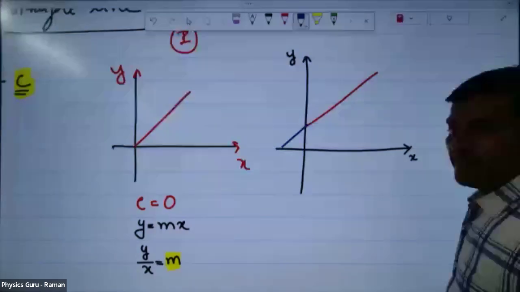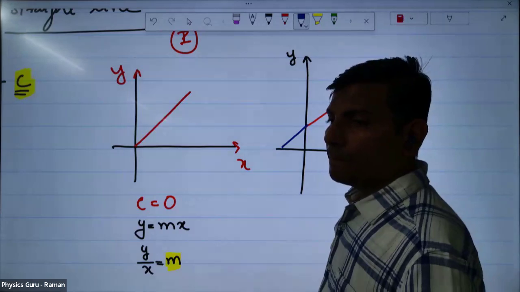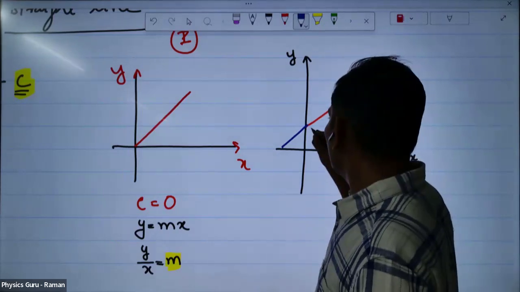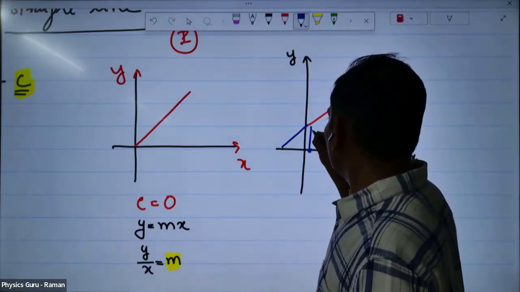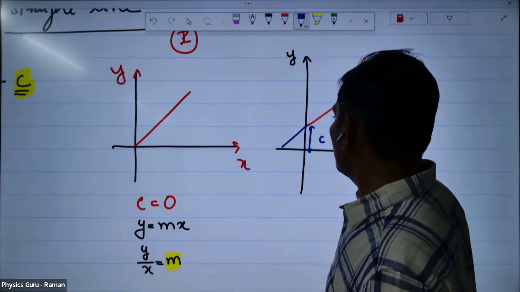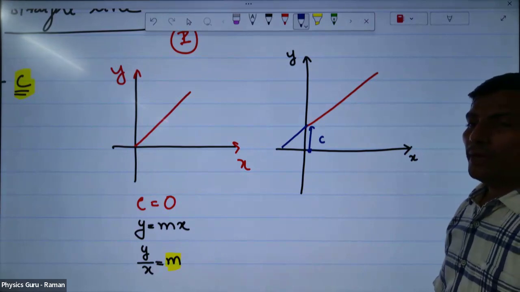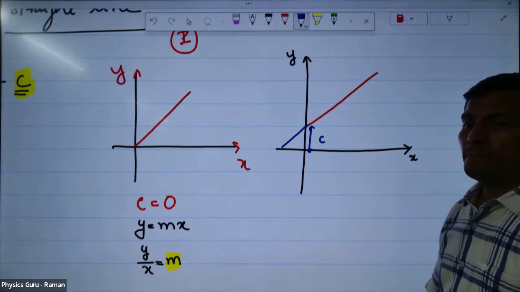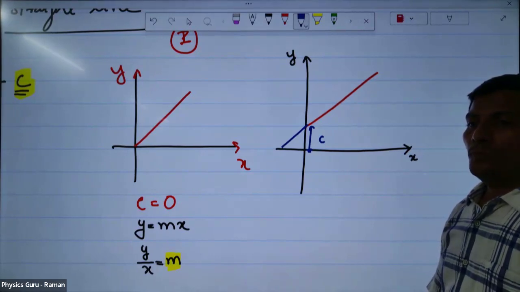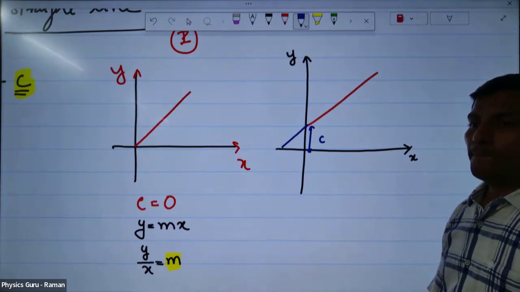Correct? This height is going to be this. Correct? Noted?